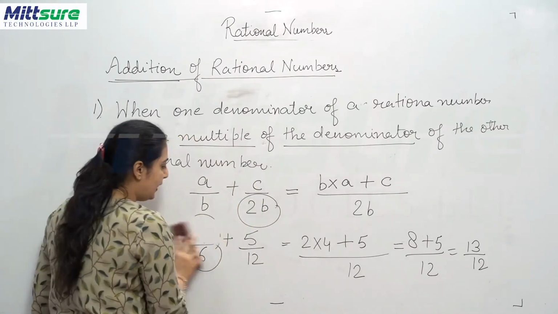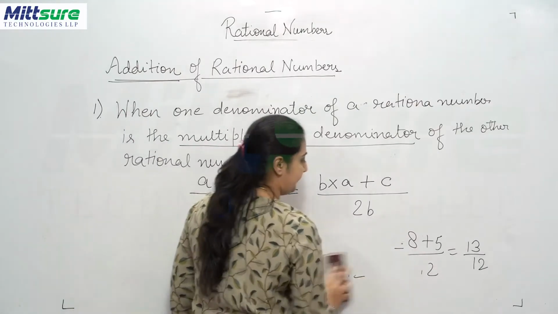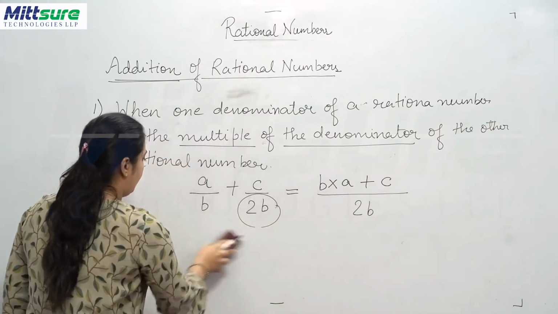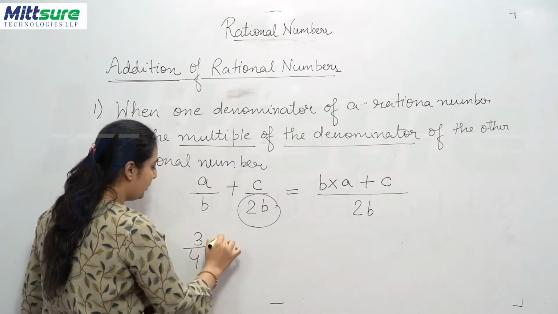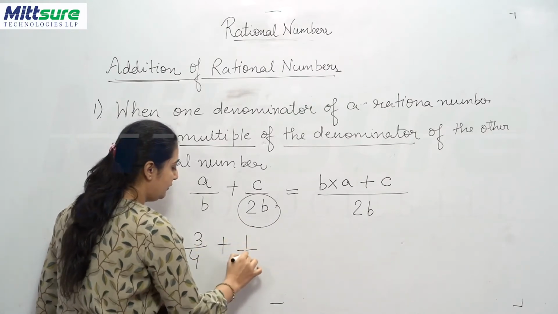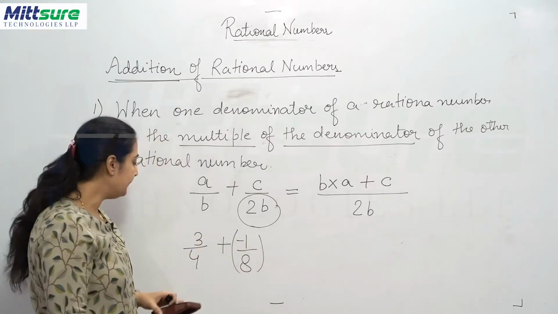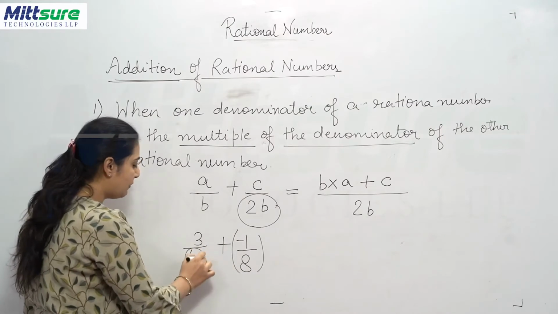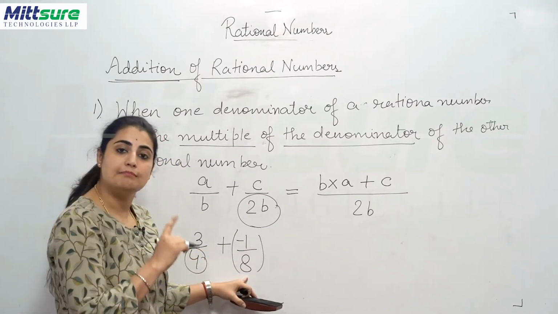Let us take one more example to understand this. So we have 3 upon 4 plus 1 upon 8, or you can keep it as minus 1 upon 8. Clear? So these are my two rational numbers, where 4 is one of the denominators and 8 is its multiple.